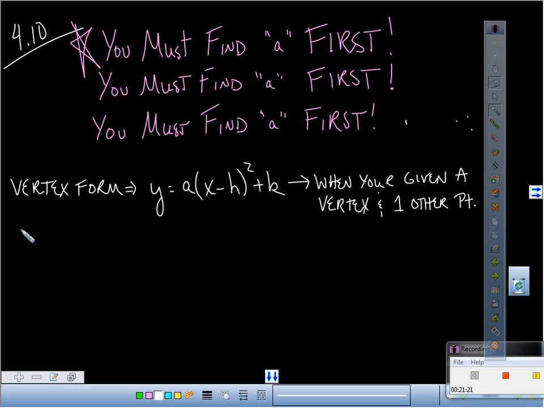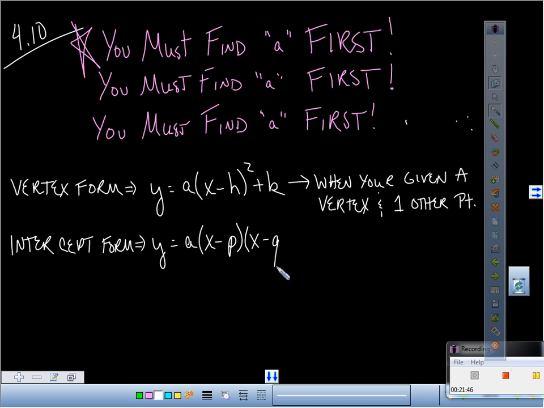Okay, the other one we're going to look at is intercept form. What does intercept form look like? Very good. y equals a times (x minus p) times (x minus q). Now, guess when you're going to use intercept form?